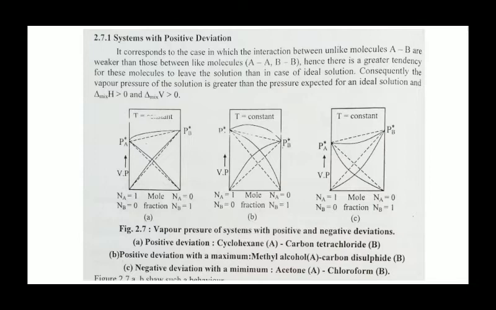Such systems are called azeotropic mixtures with minimum vapor pressure. See figure C. Examples of negative deviation with minimum vapor pressure are the acetone and chloroform pair, water and nitric acid pair, and pyridine and acetic acid pair.